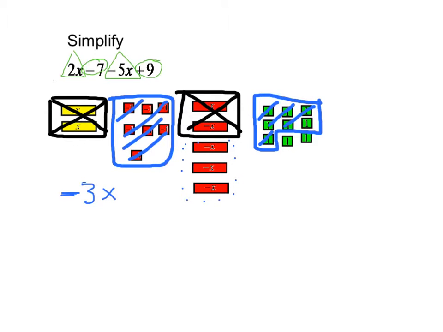And then I have negative 7 plus 9, so there's 2 extra ones, and that's my extra 2 ones right there, so that's plus 2. So that algebraic expression above simplifies to negative 3x plus 2.